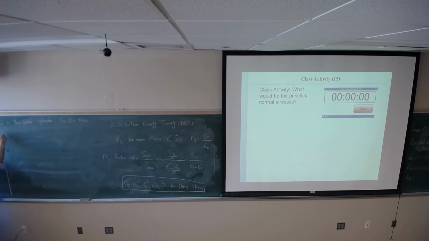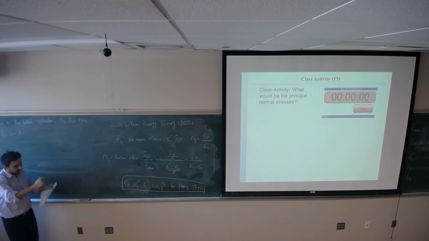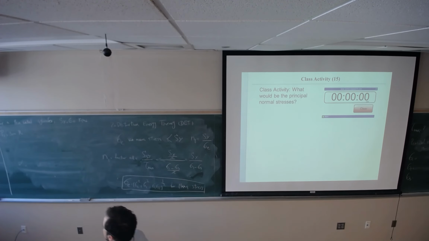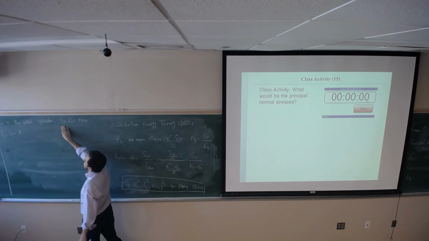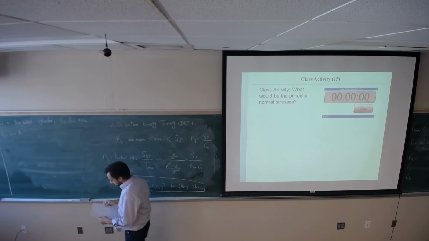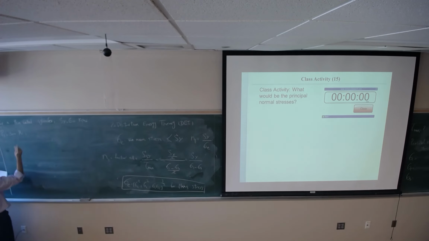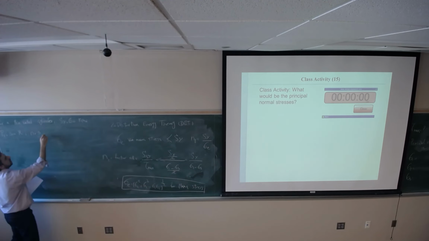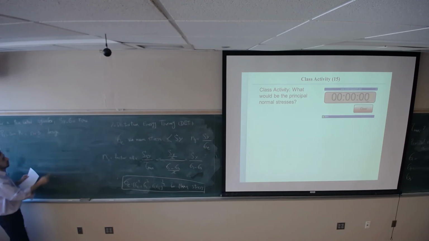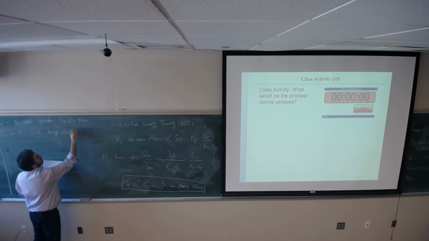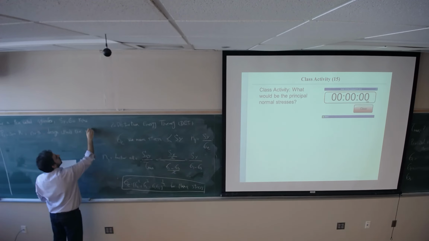This cylinder is under an internal pressure of 300 psi. Suppose we have a pipe which is under internal pressure of 300 psi. It's made of a material with this yield strength. Consider a factor of safety equal to 3. Design, or find, the wall thickness. What should be the thickness?